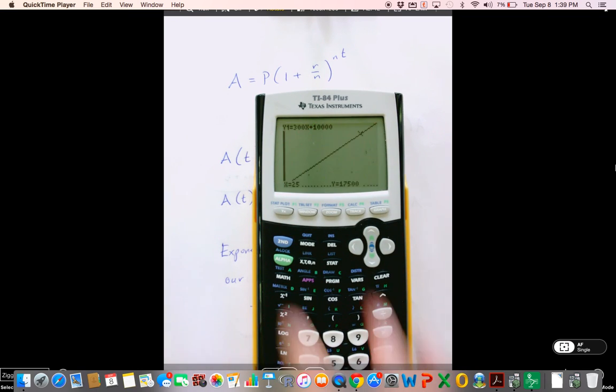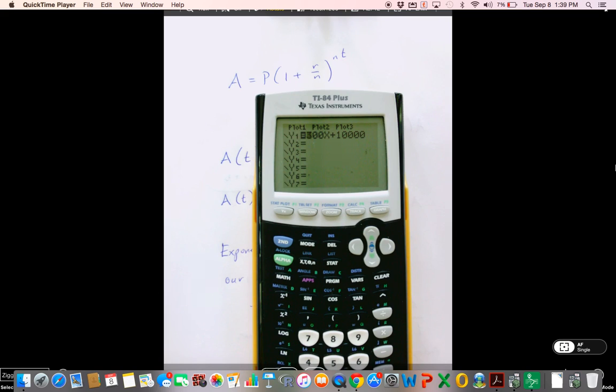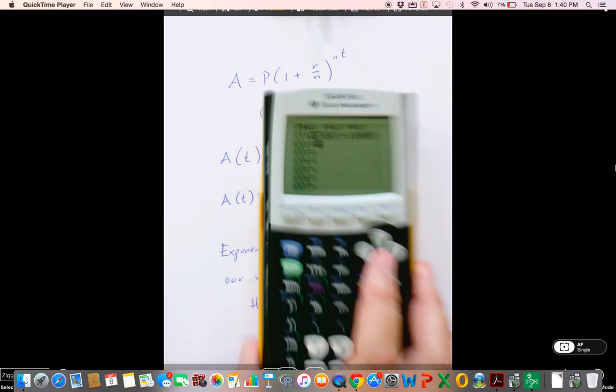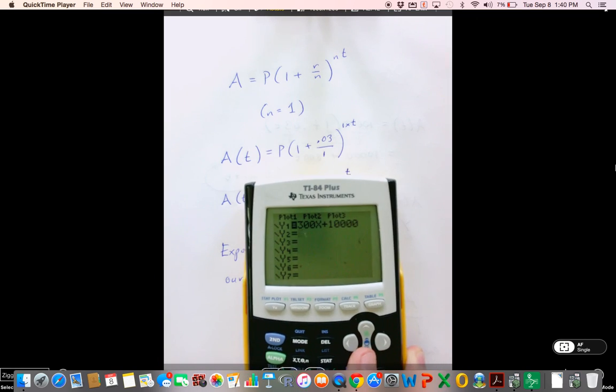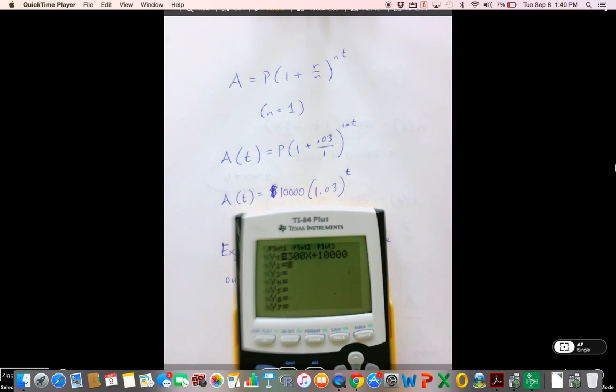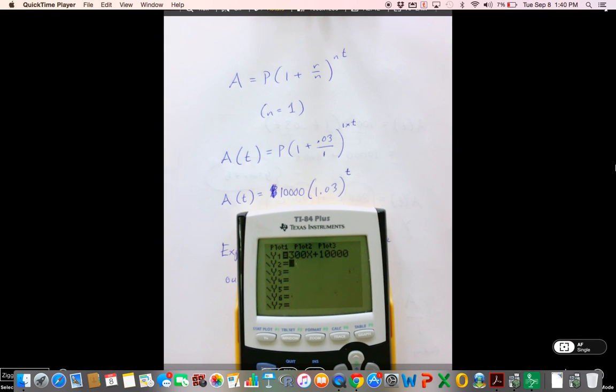So if I go to y equals, and I want to come down to and put this in my calculator, I'm going to go 10,000, left parentheses 1.03, and again, I'm trying to keep the same problem here, except the problem we looked at before that's in y1 was a simple interest, and this is compounded.